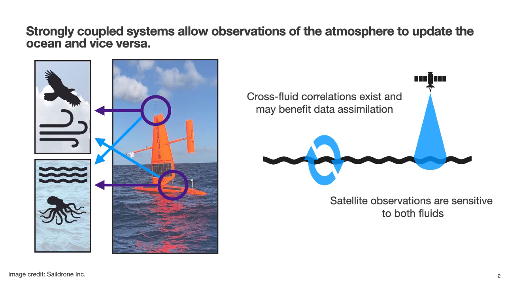We know that there are strong air-sea interactions in certain regimes, and we may be able to capitalize on those correlations and benefit the data assimilation scheme. Secondly, if we have a strongly coupled data assimilation scheme in place, we may be better able to utilize satellite observations, which are highly sensitive to both fluids.